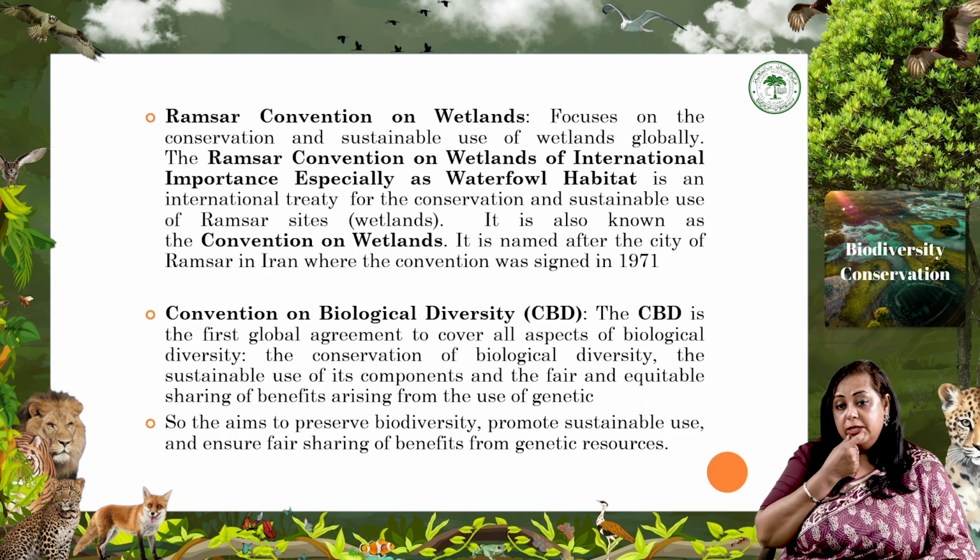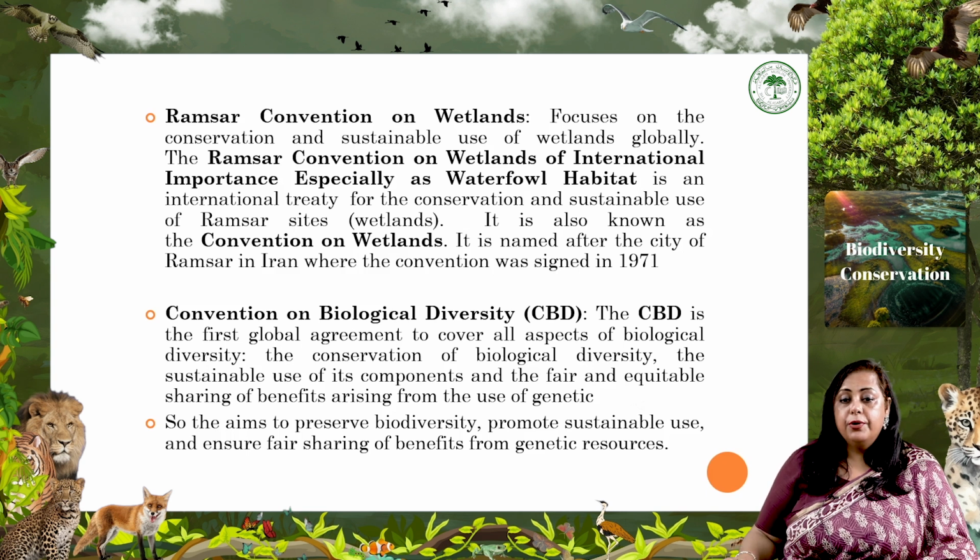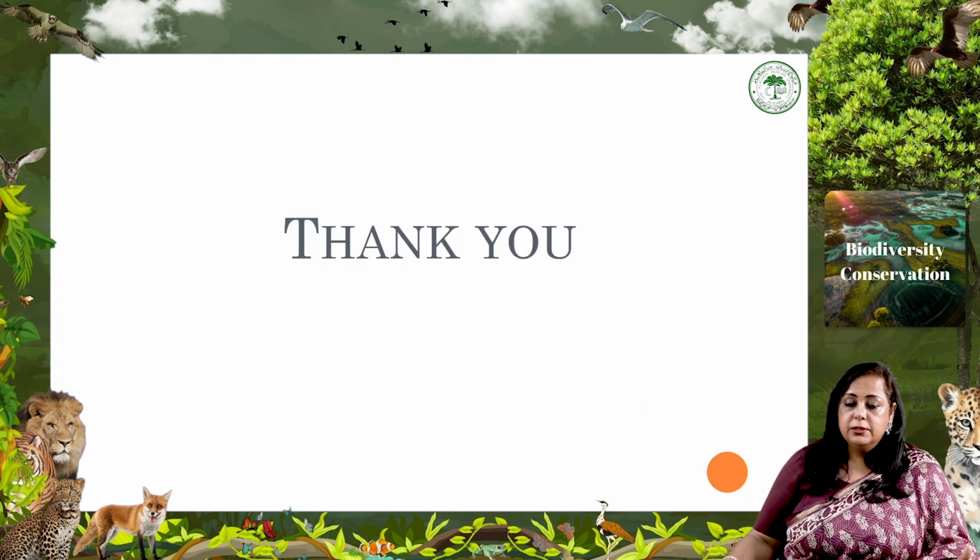CBD, the Convention on Biological Diversity, is again a global agreement covering all aspects of biological diversity. The aim is to conserve biodiversity, promote sustainable use, and ensure fair sharing of benefits from genetic resources. So these are the forms of treaties.